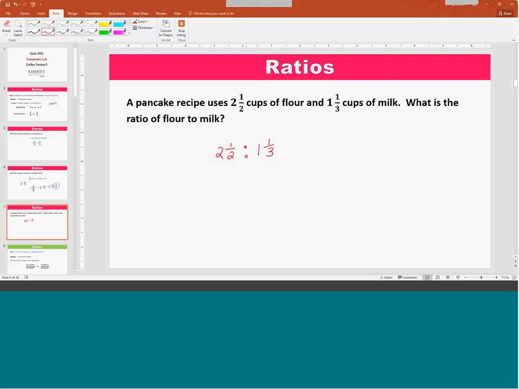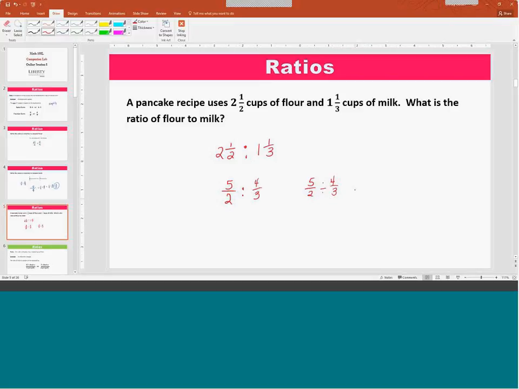How do we put this in fraction form? Well, we need to change these mixed numbers to improper fractions. So 2 1/2 is the same as 5 halves. 1 1/3 is the same as 4 thirds. In fraction form, again, we're going to get a complex fraction, so we may as well just write it as 5 halves divided by 4 thirds.